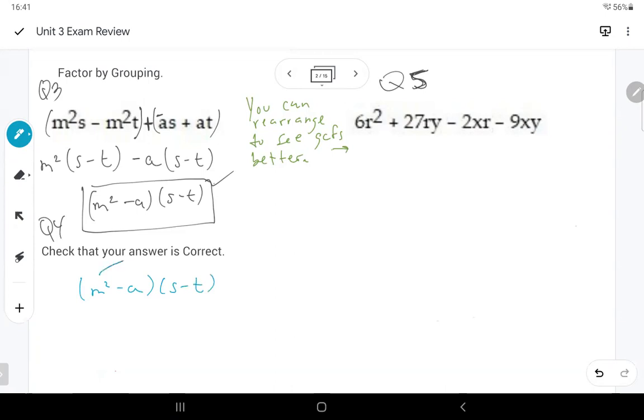So first, outer, inner, last. So we have m squared s minus m squared t minus as plus at, because negative negative is positive.